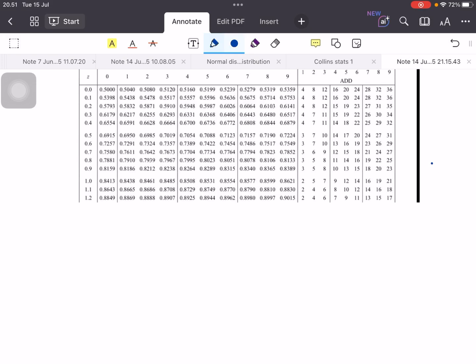For the next example, you are asked to find probability z is less than or equal to, for example, negative 0.78.